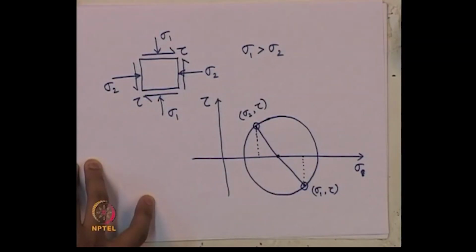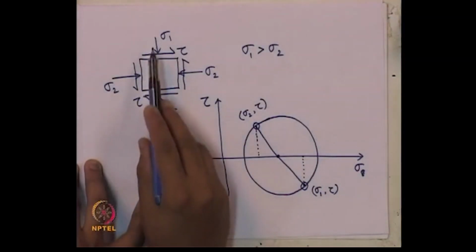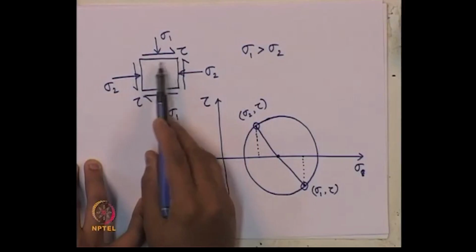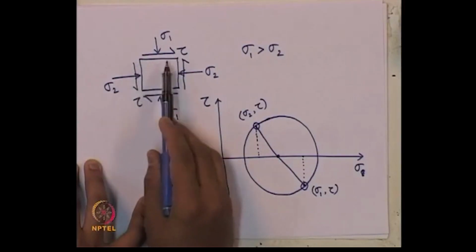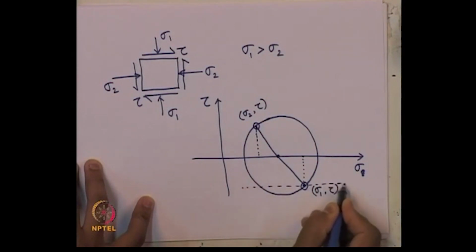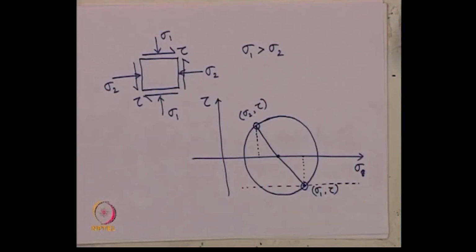Now, how to obtain the pole for this Mohr circle? In the same way as I have explained, always remember that sigma 1 is acting on this horizontal plane. So, draw a horizontal plane like this. Let me use another color.